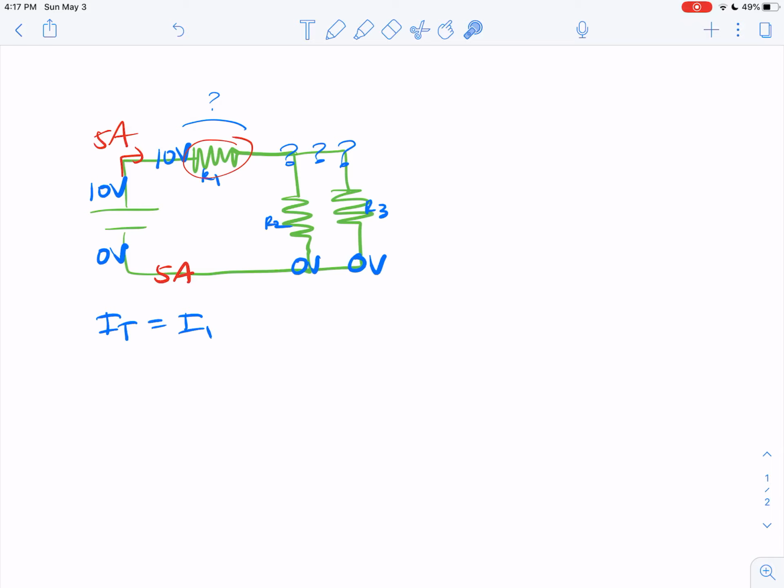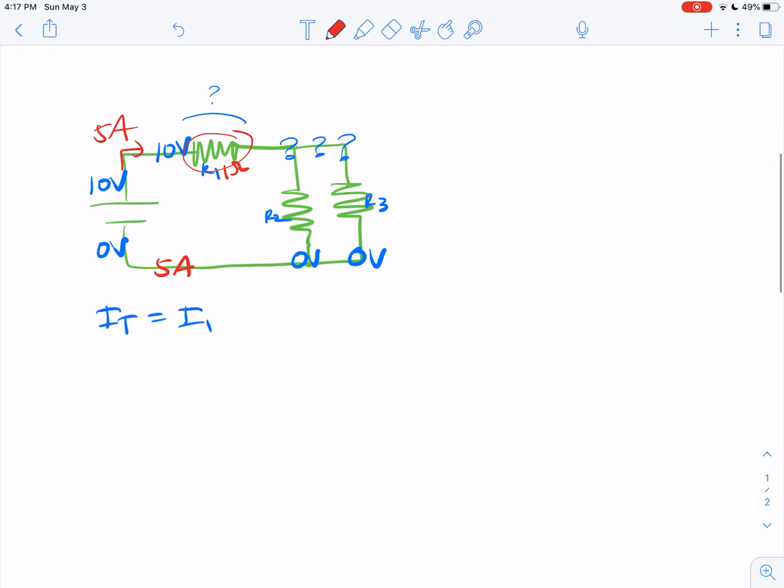Okay, so let's say that this is just a 1 ohm resistor. Okay, so if that's a 1 ohm resistor and 5 amps of current, this is going to be a 5 volt drop here. Okay, right? So if this is a 5 volt drop, that's going to put us at 5 here. That's kind of a bad number because they're all going to be 5, but you'll get the idea.